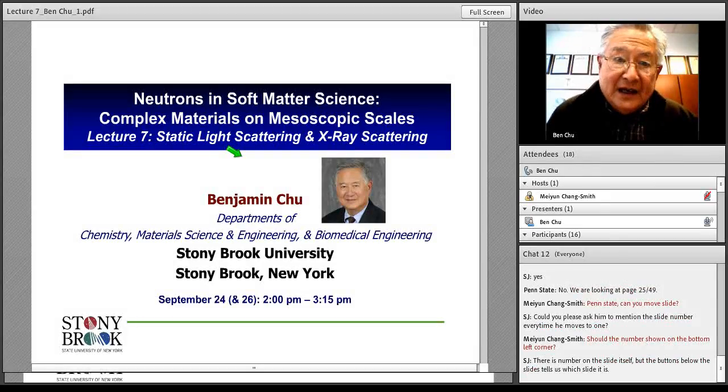But on the other hand, you may say, I want to make it isorefractive because I have two kinds of particles in there, and they have different refractive indices. And so I can make one of them invisible and therefore see the other one standing out. So the matching of refractive index, the dn/dc and so forth, also have an effect on the measurements that you're going to do.